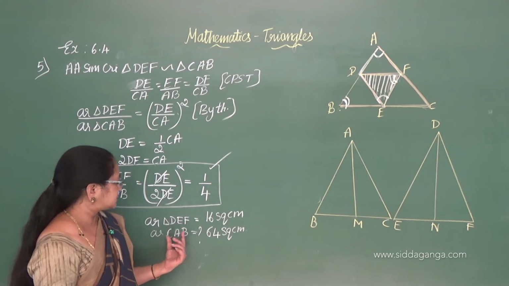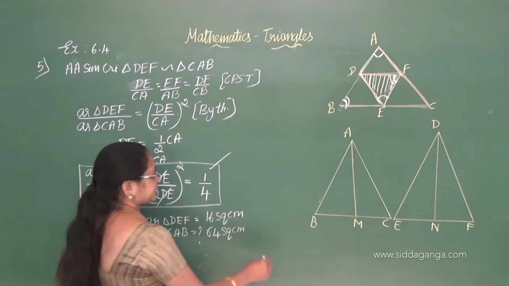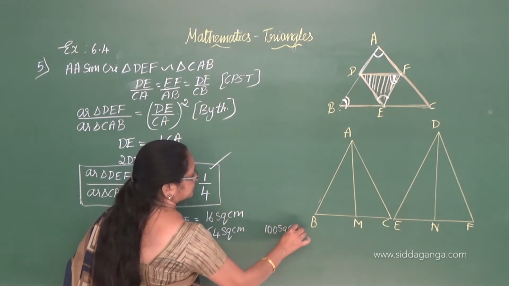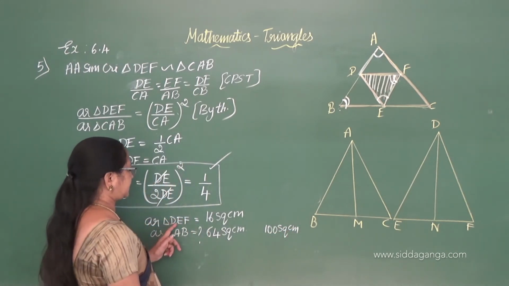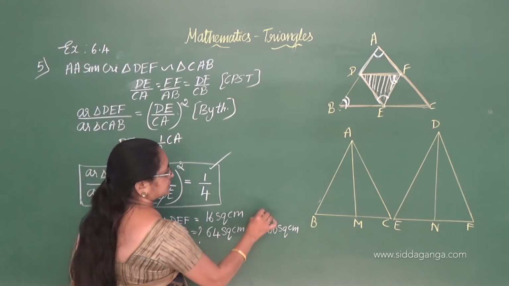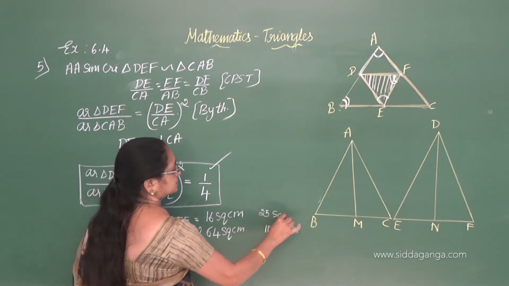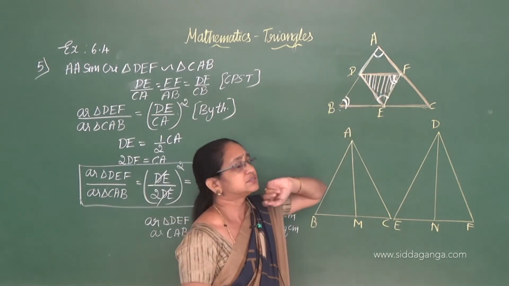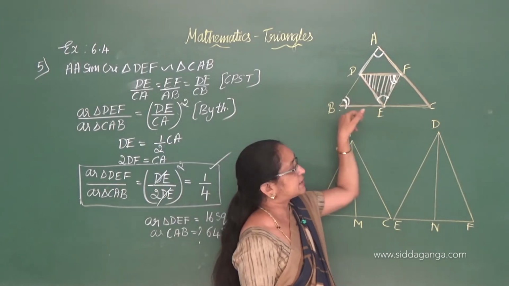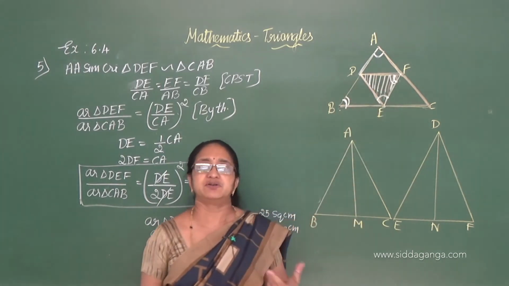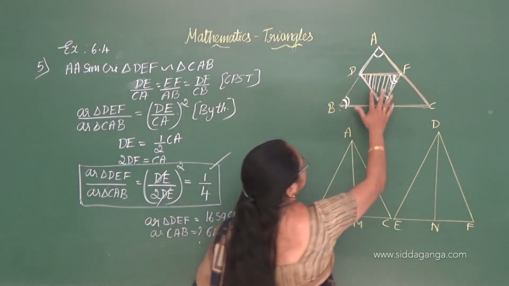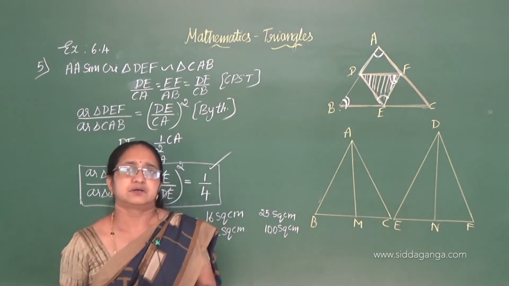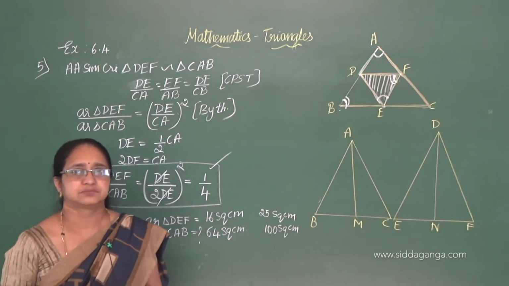Suppose CAB is given, for example 100 square centimeter, then how will you find out triangle DEF? 1/4 of it, that is 25 square centimeter. So you should know the relationship between the areas, that is the area of the small triangle and the bigger triangle, that is 1/4. So the area of the triangle DEF is 1/4 of the bigger triangle, that is ABC.